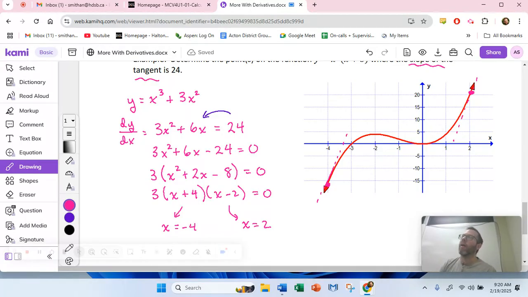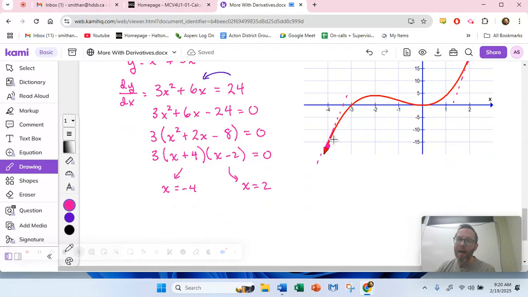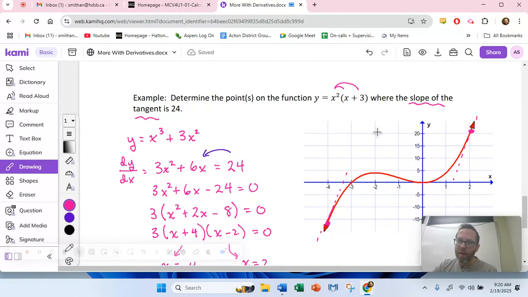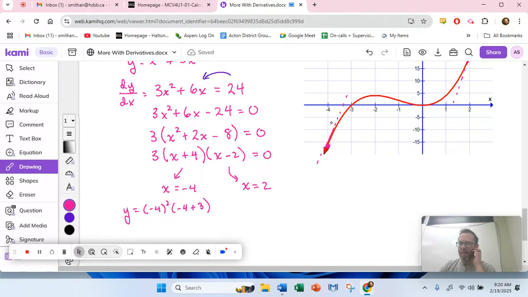Now, technically, the question asks for the points, so let's find those points to wrap things up. If you're looking for y values, you need to use the function itself. So when x equals negative 4, the function is x squared times x plus 3. Negative 4 squared times negative 4 plus 3 is 16 times negative 1, which is negative 16.